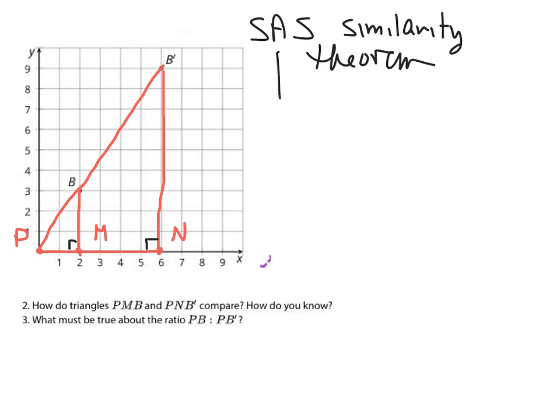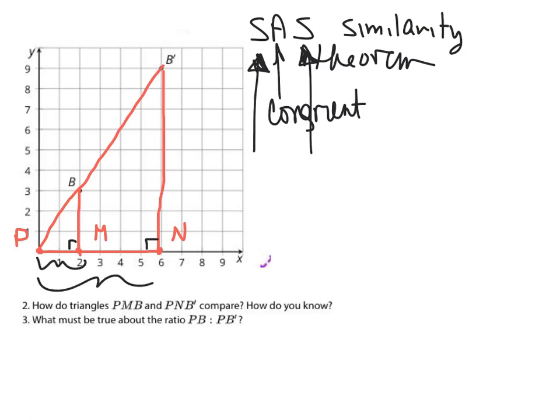All that means is my two angles are congruent, but my sides are proportional. So I'm going to compare PM and PN. 6 over 2, that's PN over PM. That's 3. And then I want to compare the other side of that right triangle, which is BM.